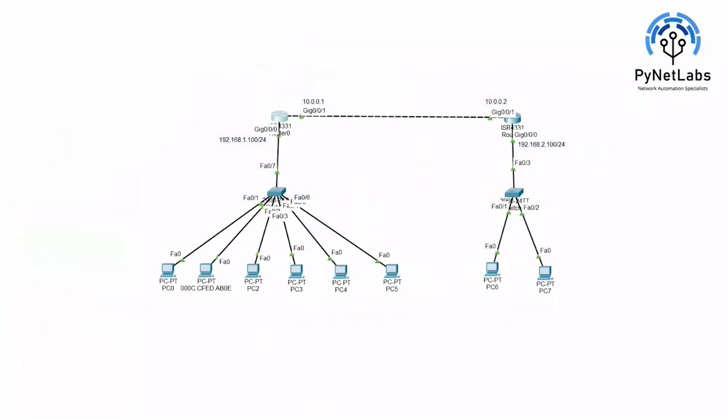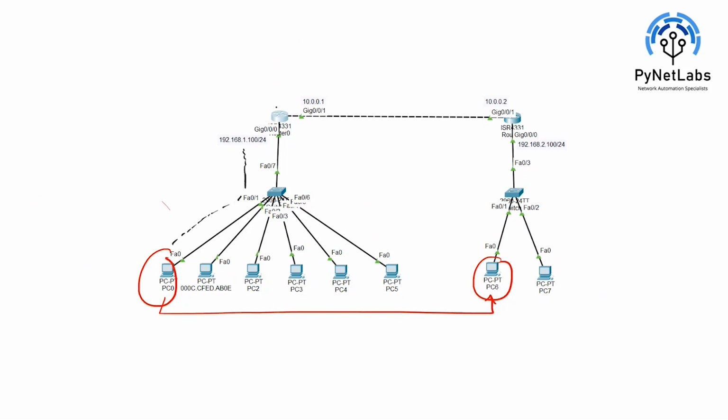Whenever this PC wants to communicate with this PC, the packet will go like this. It will first go to the switch, then the switch will send it to this router, and the router will send the packet onward from this route.